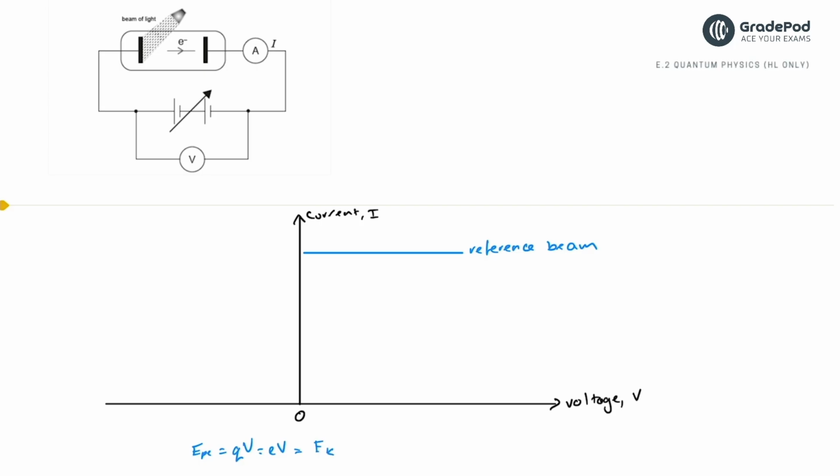At that point, when they're equal, the kinetic energy comes to 0 and the electric potential energy is maximum. When the kinetic energy comes to 0, the rate of flow of electrons, which is the current, is also going to be 0. So at a certain point, the current is going to be 0, and we call that point on the x-axis the stopping voltage.